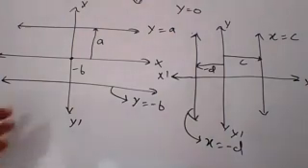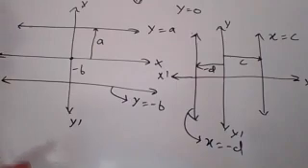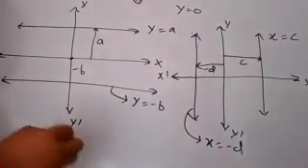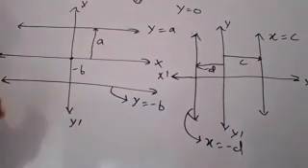So here you learned to plot the graph of a line which is parallel to the x-axis and parallel to the y-axis, and these are equations, not inequalities. First you build up the concept of plotting the graph for an equation, then come to inequality.